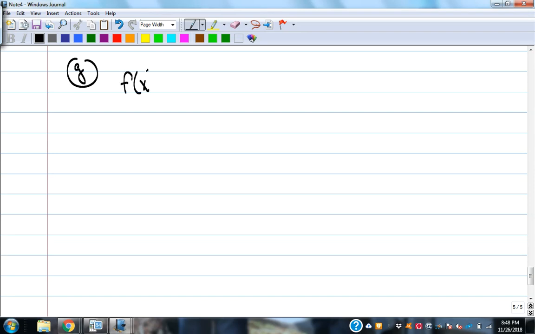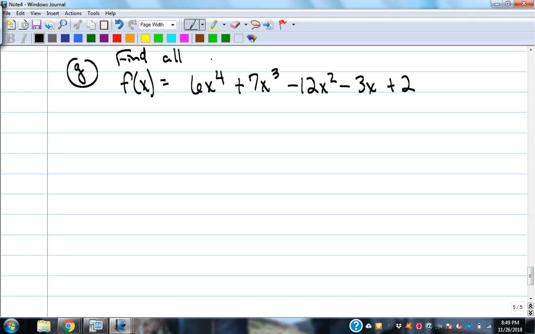Here's our function. F of x, 6x to the 4th plus 7x cubed minus 12x squared minus 3x plus 2. That's the problem that they're going to give us. Now, they want us to find all zeros.